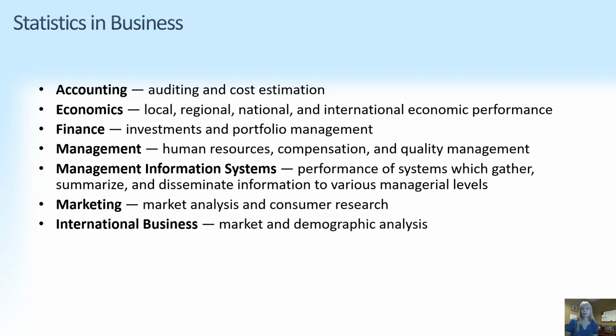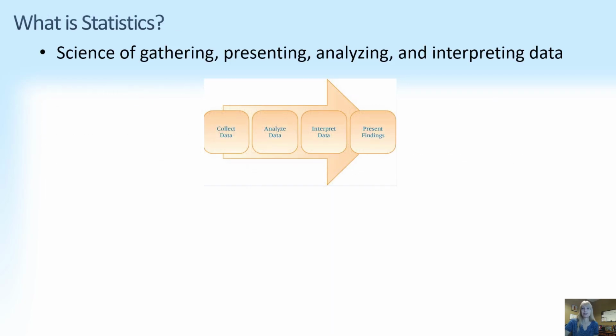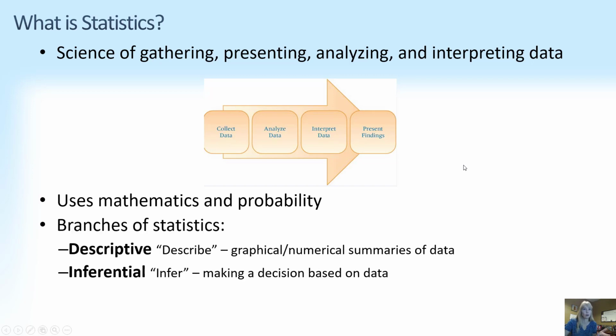But don't you want to be able to understand how to read the reports they give you? Certainly in your schooling, as you continue, you will be given journals to read and will need to understand all the statistical terminology. So our whole deal is we want to go out, collect some data, analyze it, interpret it, and come back and tell our boss, or the company, what we found.